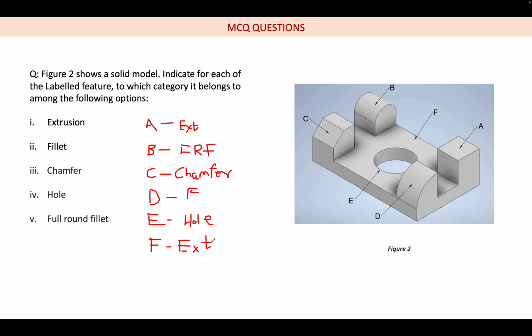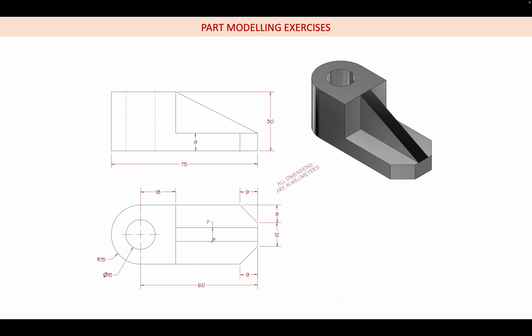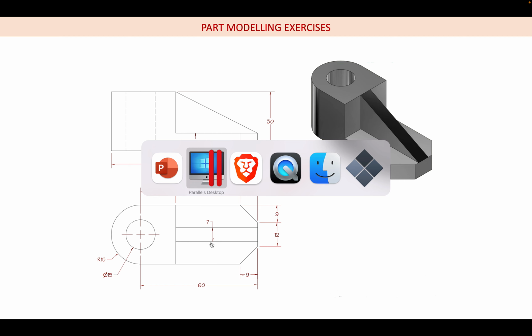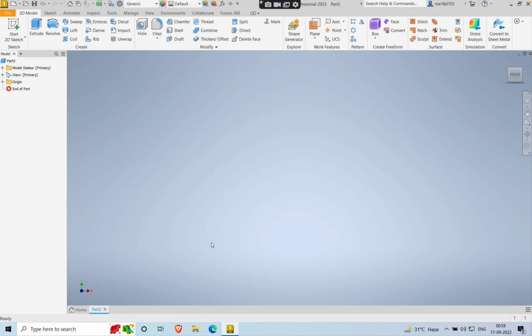Okay, so this we have seen. Once we have seen some MCQ questions, now we can go directly into the part modeling exercise. Before that, I will show the rib option alone. I will try to do something.